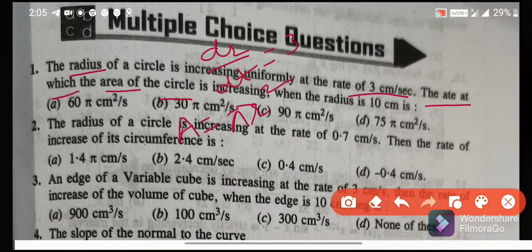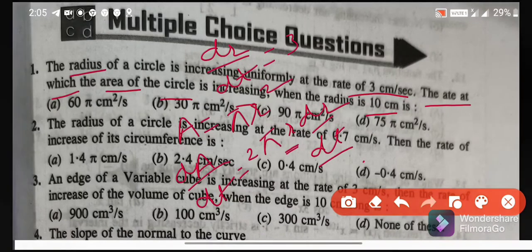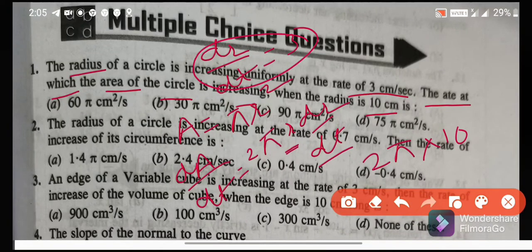Now rate of change of area is dA/dt, that is 2 pi r dr/dt. Now put the value of r and dr/dt. r is equal to 10 cm and dr/dt is equal to 3. Now solve this, we get 60 pi centimeter square per second. So the answer is option A.